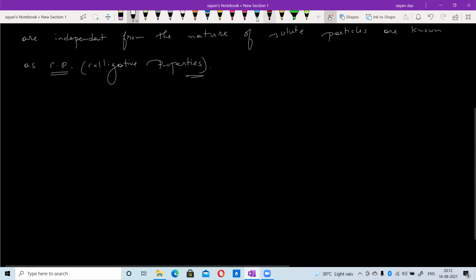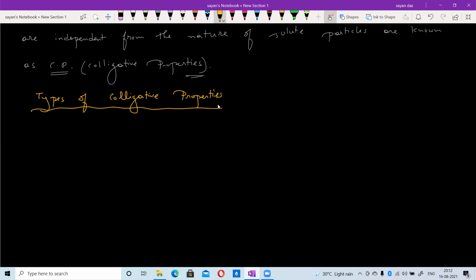Now, what are the types of colligative property? First is relative lowering of vapor pressure, RLVP, and that stuff is already completed in Raoult's law case 1.